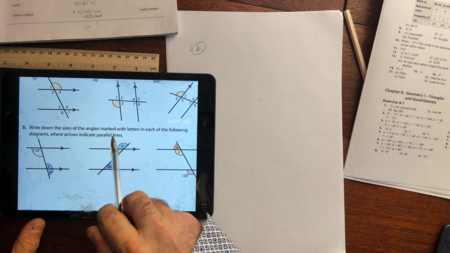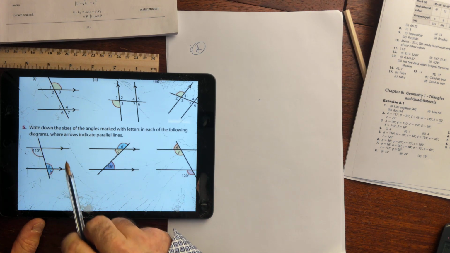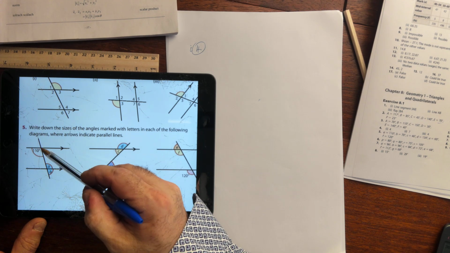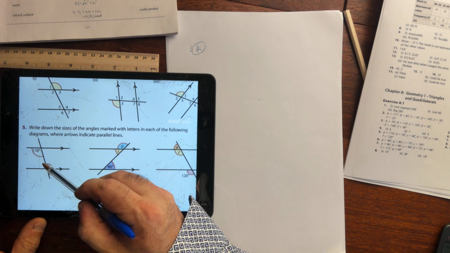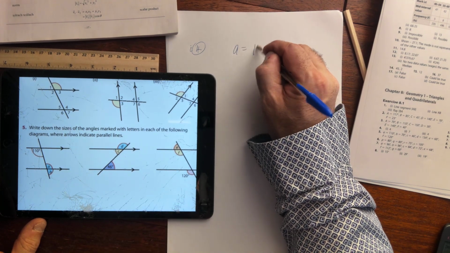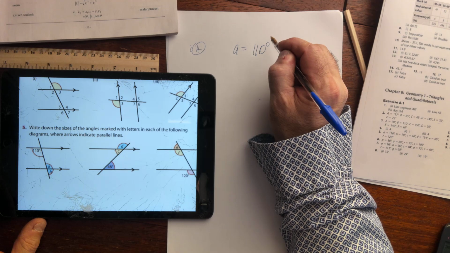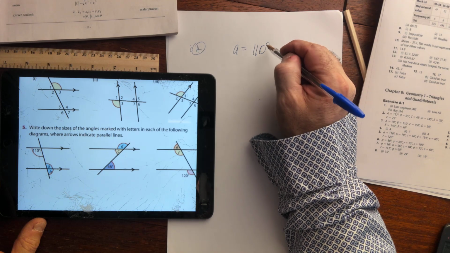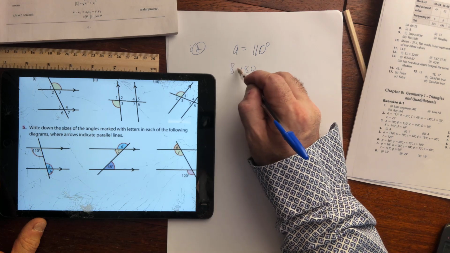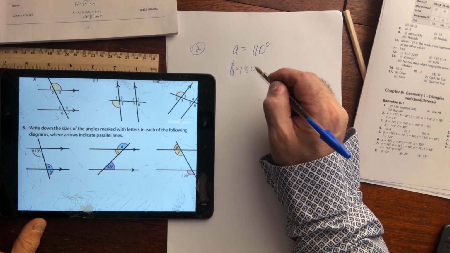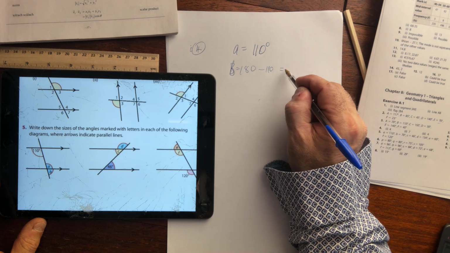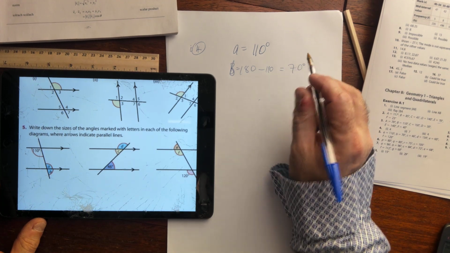Write down the size of the angles marked with letters in each of the following diagrams. Basically A is alternate, so it's 110. And B is supplementary to 110. So B, little b, equals 180 minus 110 equals 70 degrees.